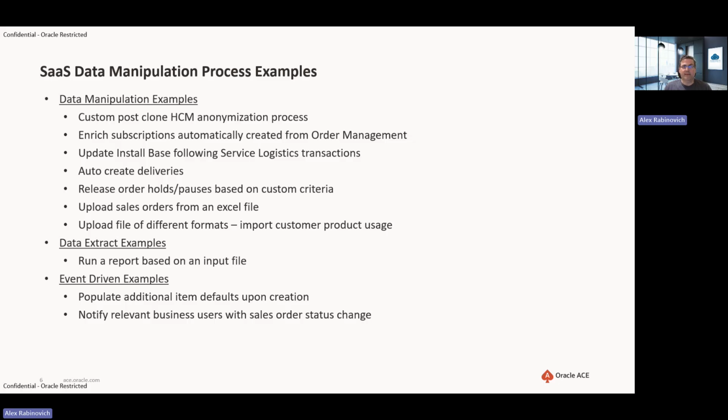Of course, there's the standard data masking process of Fusion. We're talking here about additional change we would like to make on the HCM environment. So here we understand we need to define population, define business logic, fetch the data, and then upload it back.